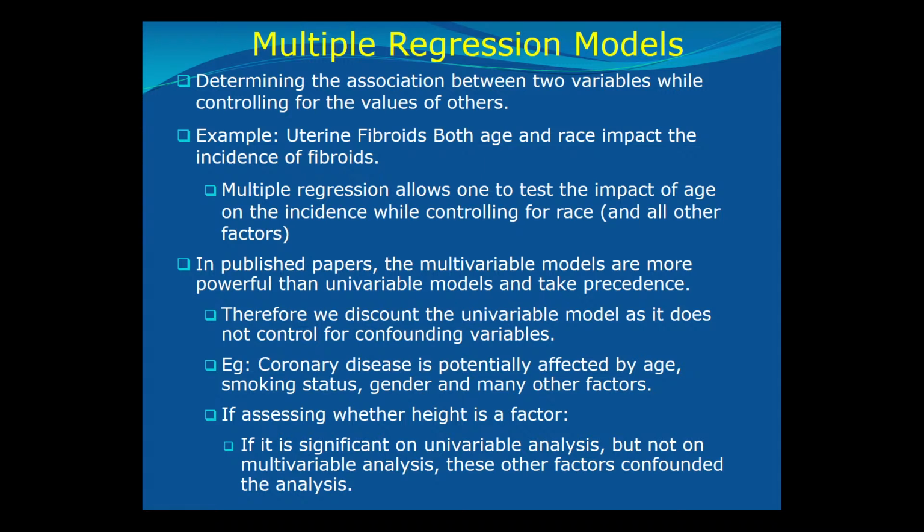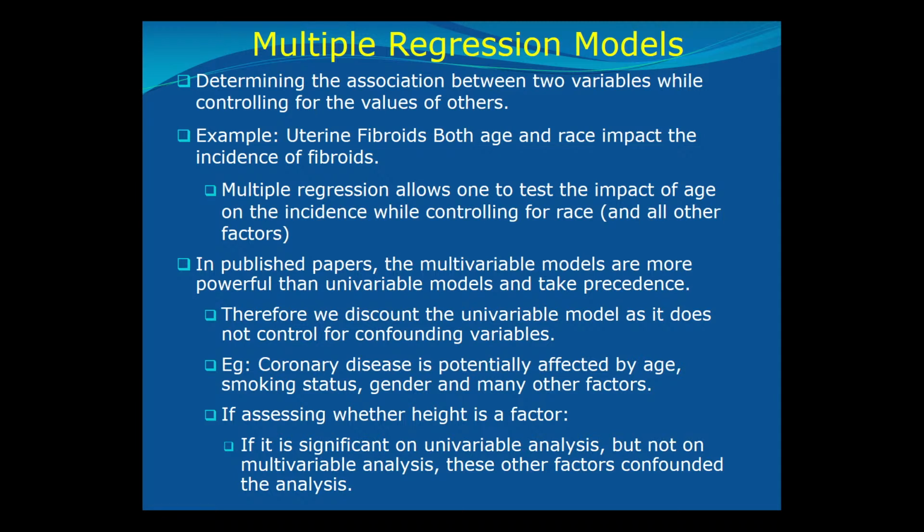In published papers, the multivariable models are more powerful than univariable models and take precedence. Therefore, we discount the univariable model as it does not control for confounding variables. For example, look at the examples. Coronary disease is potentially affected by age, smoking status, gender, and many other factors.